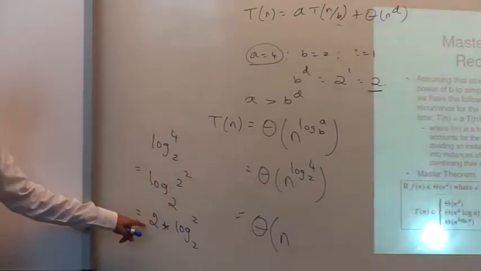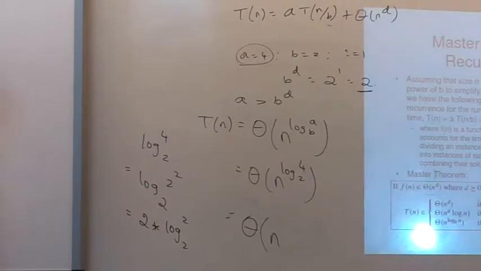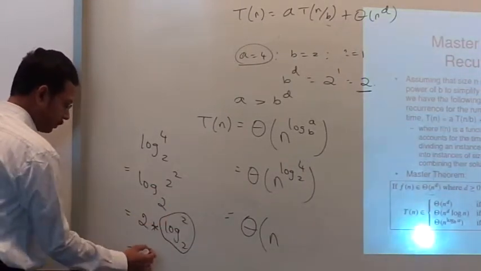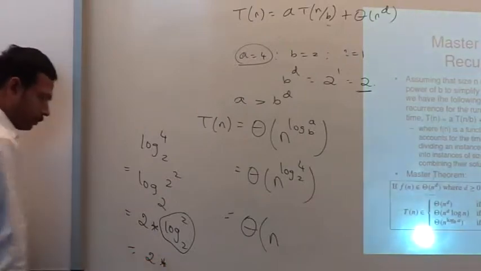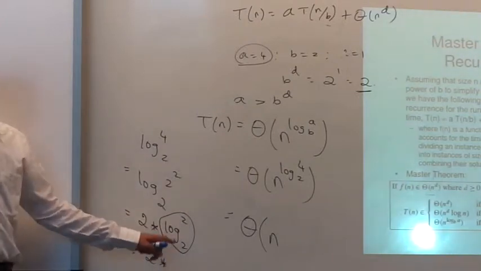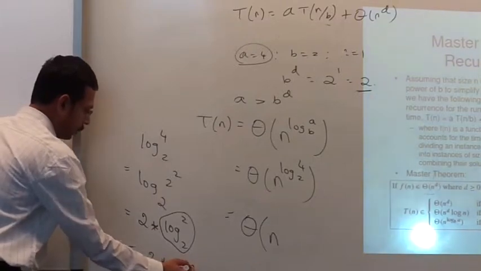Exponent, I can bring it down and say log 2 to the base 2. So log 2 to the base 2 is what? One. When the number and the base are the same, it is 1. That's why it is 2.